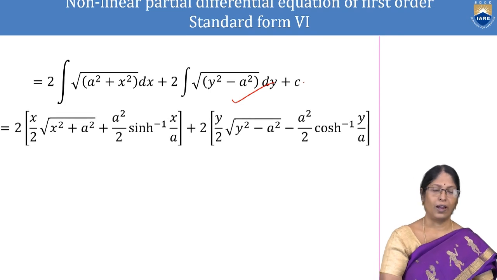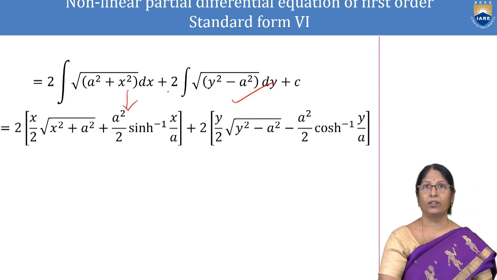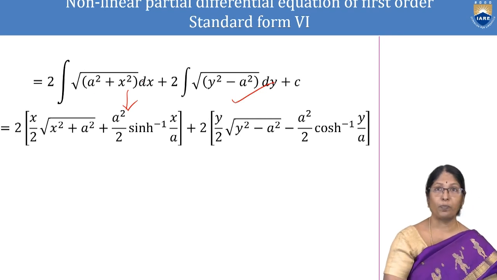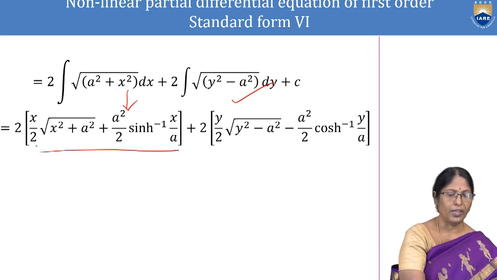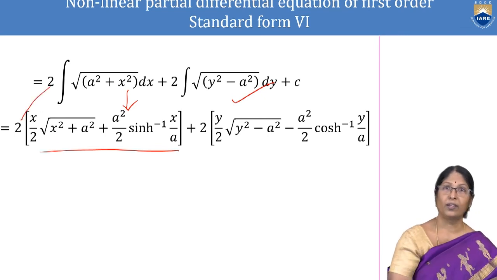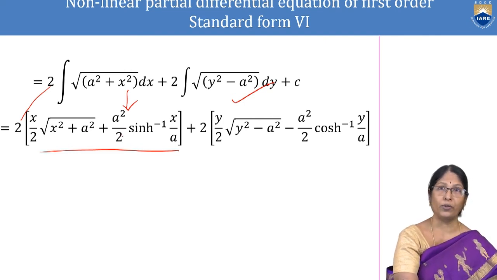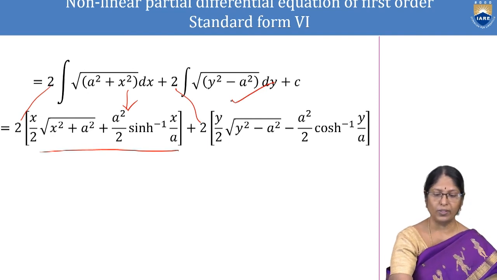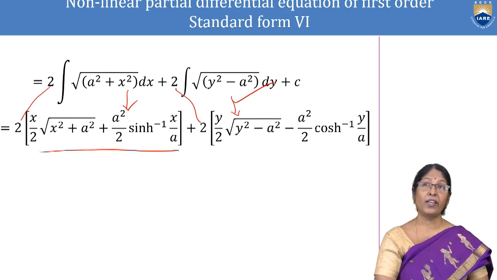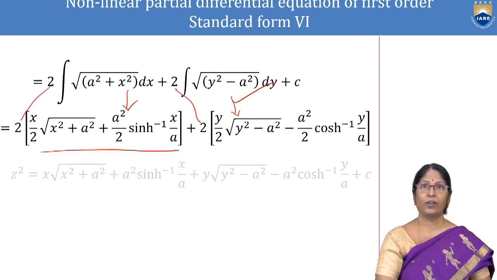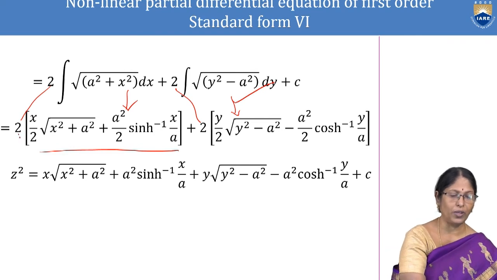And the ready-made formula which is available: the integral of square root of a square plus x square is x by 2 square root of x square plus a square by 2 sinh inverse x by a, plus, this 2 written as it is, y by 2 square root of y square minus a square by 2 cosh inverse y by a. Next step, we have taken the 2 inside.